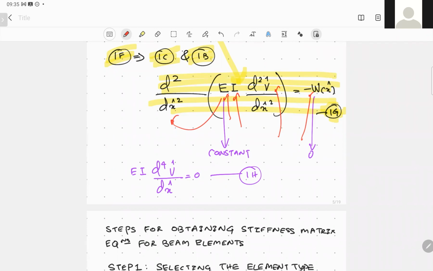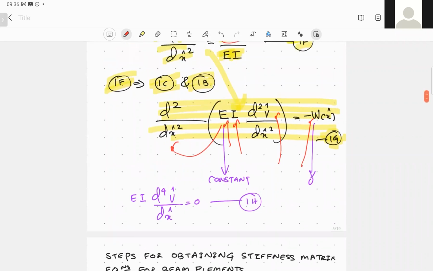We can also assume that the applied normal distributed forces are 0. What you end up getting is a neat fourth order differential equation, which describes the characteristics of a deformed beam.